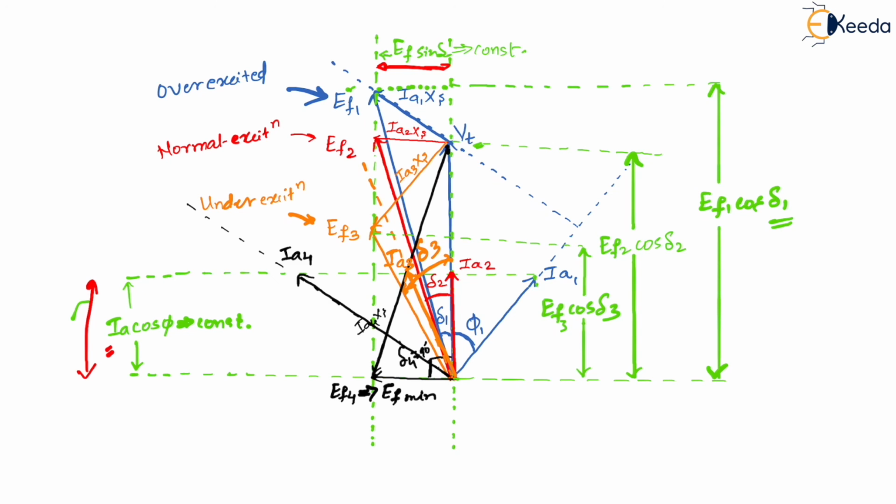But IA1 was here initially, then this became IA2, then somewhere here I got IA3, then IA4. From here to here it was in lagging condition, in between it was unity, and again from here to here it became leading condition. Correct or not? Yes, sir.